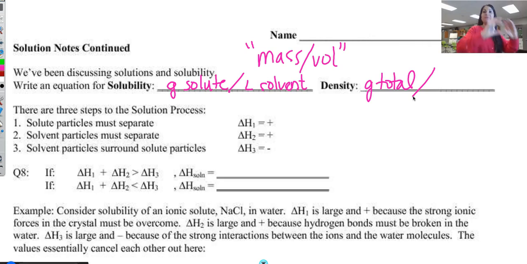Then you figure out what the volume is of that, and we simply divide it by the total volume. We can put liters or milliliters, whatever you want, some unit of volume. So we can even do milliliters total. You can also use centimeters cubed, for example. Something cubed would also be a unit of volume.